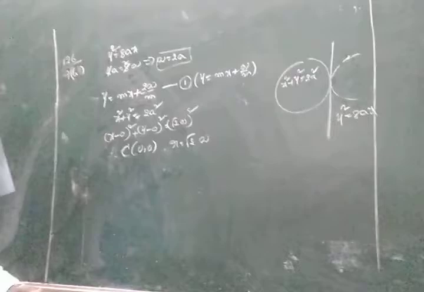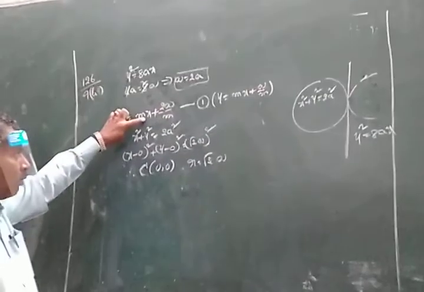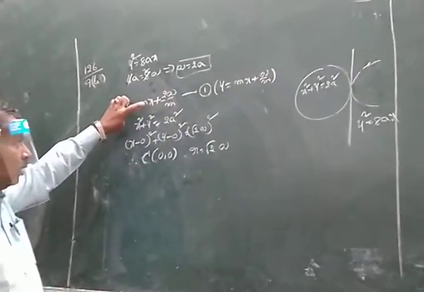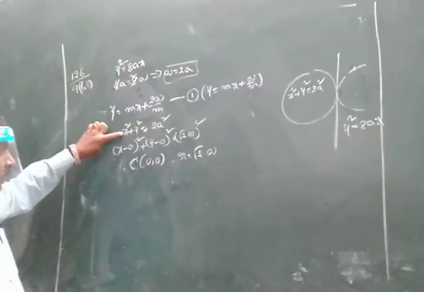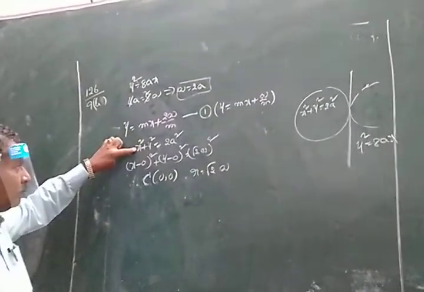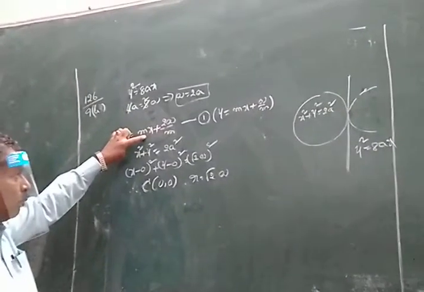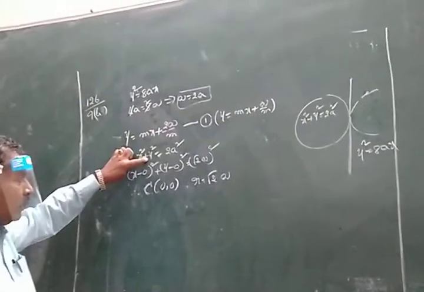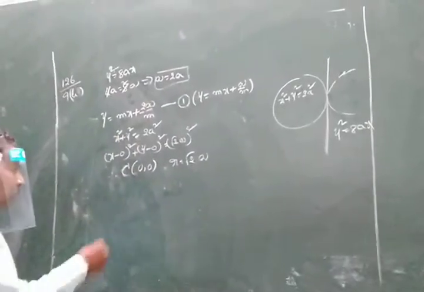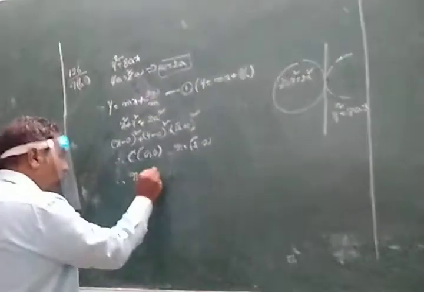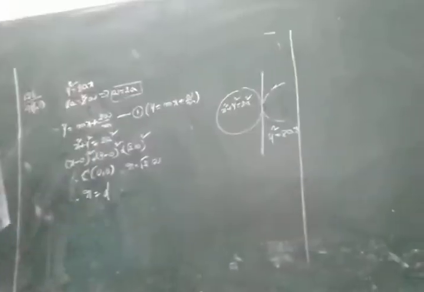Next, given equation number 1 touches the given circle. Therefore, R equal to D.